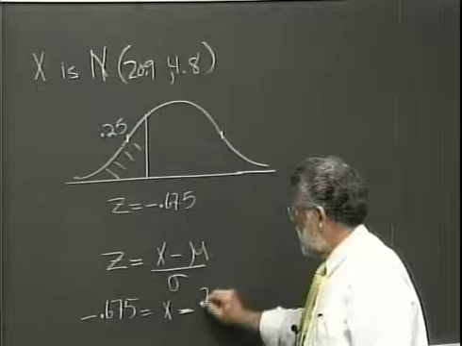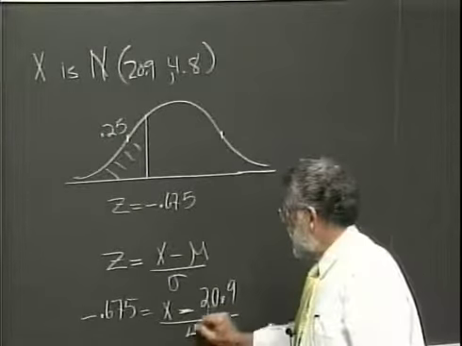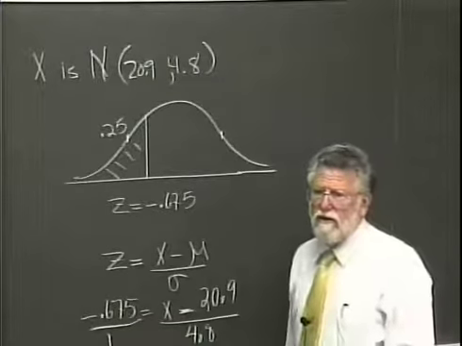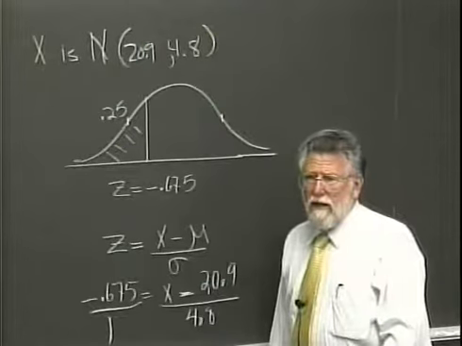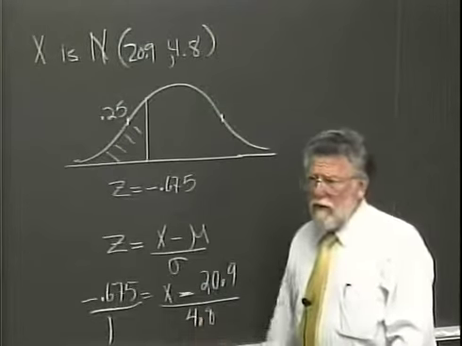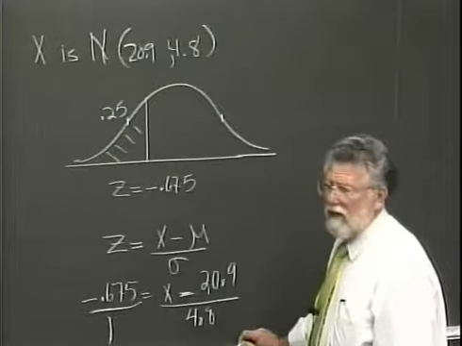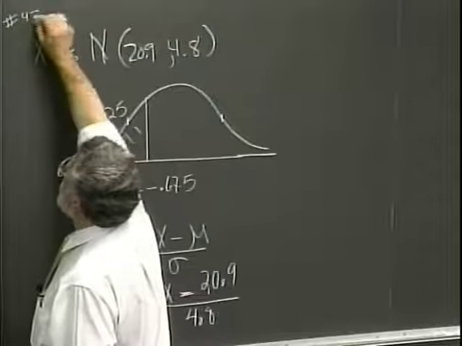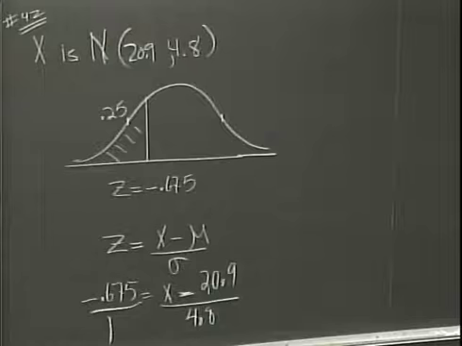It is 20.9. And put that over 4.8. And then realize that I have an equation. Cross multiply and solve for x. Enough on that one. Okay, so that was number 42. And that's how we could find quartiles if we have a normal distribution.